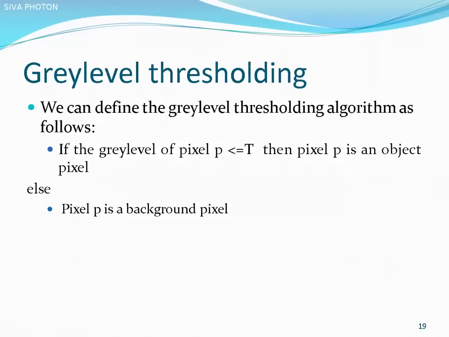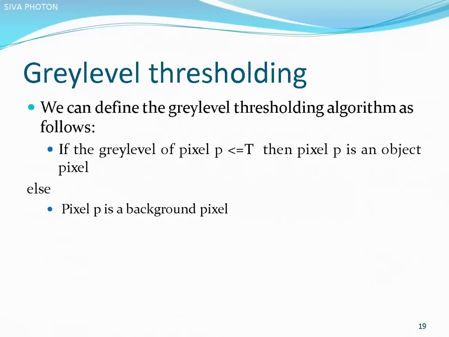Okay, now we have to check the condition. If the pixel P is less than T, then pixel P is an object pixel; otherwise it is a background pixel. T is nothing but the threshold.